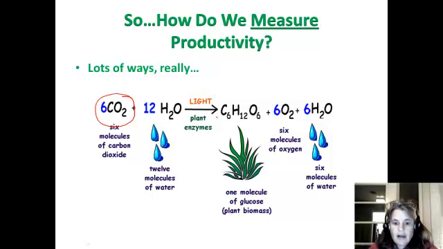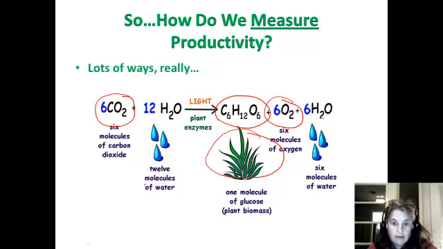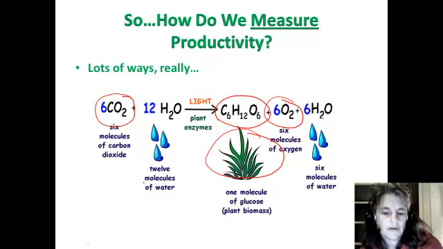We could measure how much glucose, how much plant material is being made over time, and we can also measure how much oxygen is being made over time in a given sample or ecosystem. We could measure water, but as you can see, water is appearing on both sides, and water is kind of a difficult thing to measure sometimes, surprisingly, not always, and really depending on the type of ecosystem you're looking at.